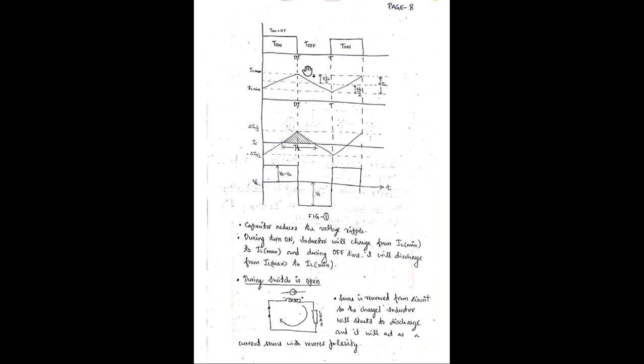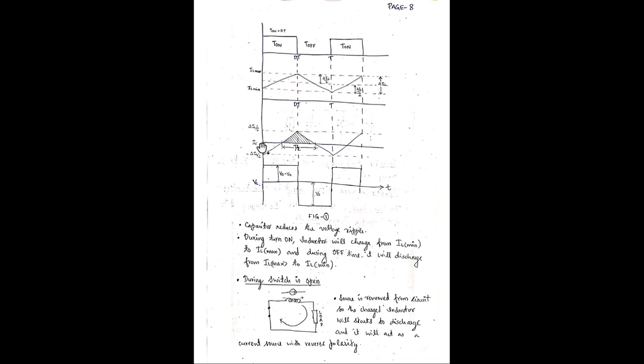So during turn off time, that is from dt to t, the inductor will be discharging from IL maximum to IL minimum. Then again it will be charging during turn on time, again it will be discharging during turn off time. That is what this graph represents.